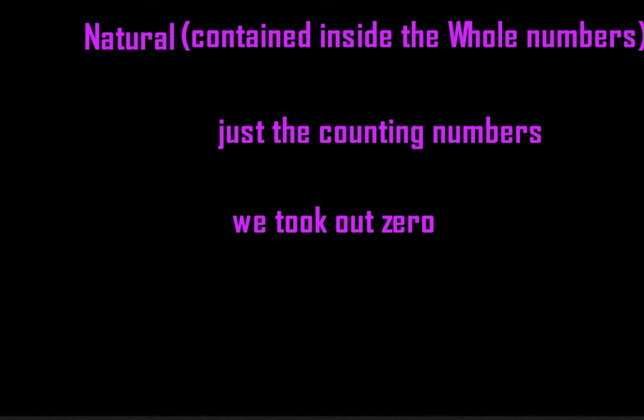So make sure you're seeing that main difference. The main difference between the whole numbers and the natural numbers is 0. 0 is included in the whole numbers. However, natural numbers we do not include. Again, you can maybe remember it, but the O in whole kind of looks like a 0, so you can maybe think of it that way as well.